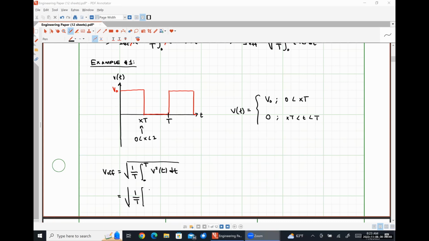So I'm going to have one part that goes from 0 to x times capital T. My voltage over this interval is just V naught, square it, dt. And then my second integral is going to be from x times T all the way out to capital T. My voltage is 0, square that.